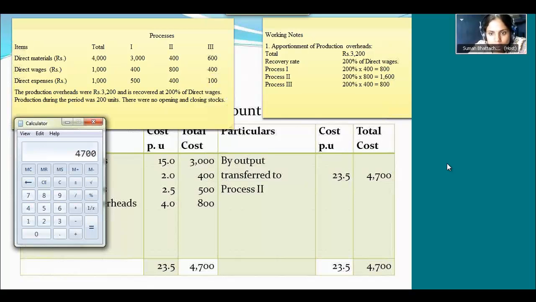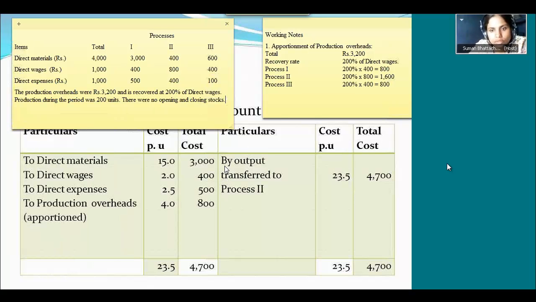So what should be written? By output transferred to process 2. This output will be transferred to process 2. Clear this one?